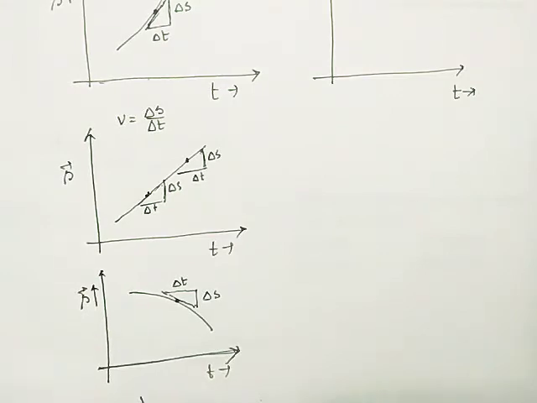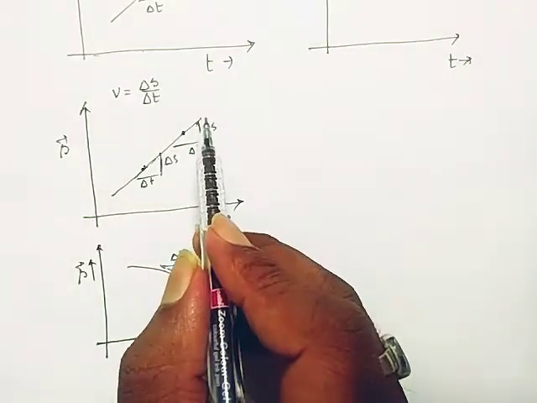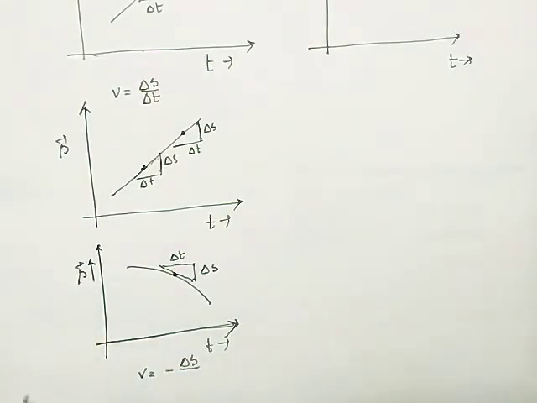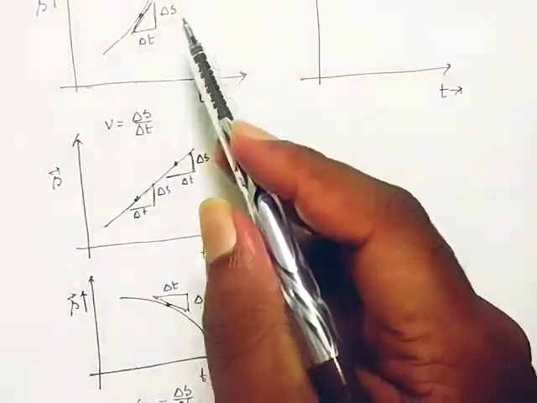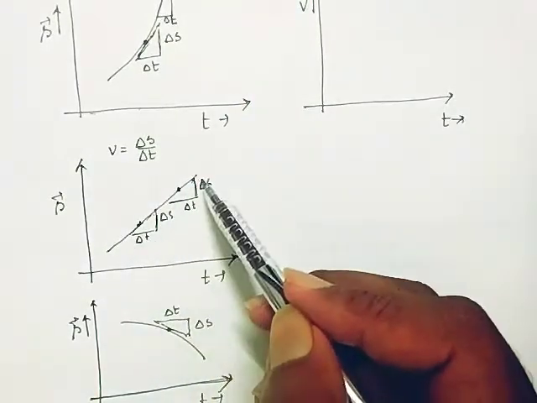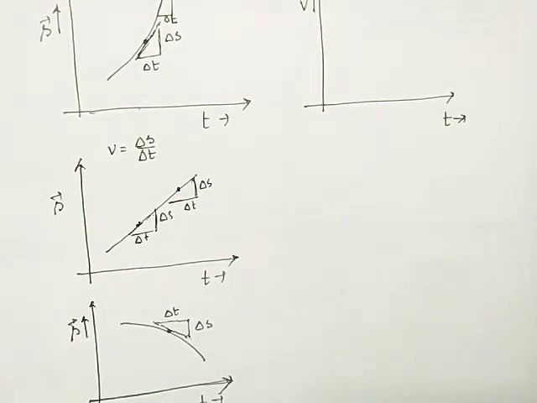So the velocity here is minus del S. If this is the positive direction of the displacement axis, then it will be in the downward direction. So this says the velocity is negative. So the slope is increasing, then constant or uniform, and then decreasing. The slope of the curve gives the information about the velocity.